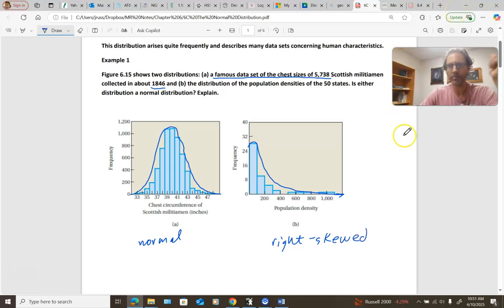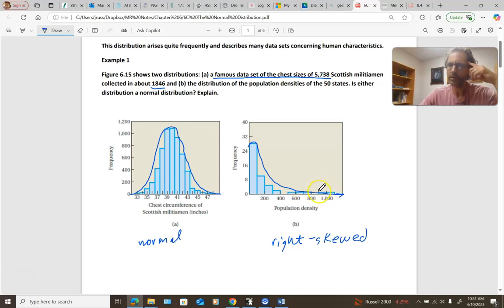Now let's talk about this one just for a minute. So these higher values, or these higher population densities, these probably would correspond to the states that are the most densely populated. So think about Massachusetts or New Jersey, some of the states on the eastern seaboard. They're very small states, but they have very large numbers of people in them, okay, because they have a lot of really big cities like Boston, for example.